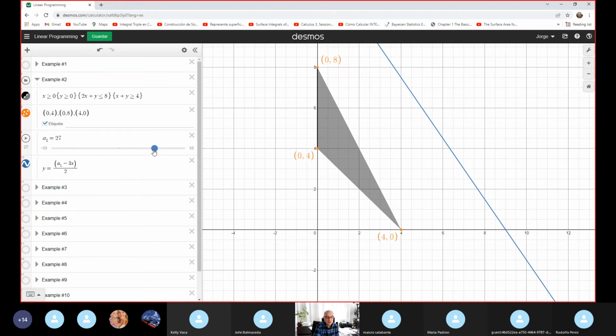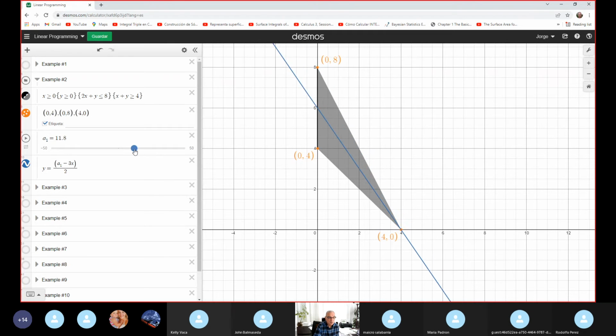This is the C value. Remember, the maximum, the optimum, is the first point at which the objective function touches the feasible region, which is obviously here. Bam. So you see here the answer is 16, at the point 0,8. So the maximum is when x is 0, y is 8, and z is 16.